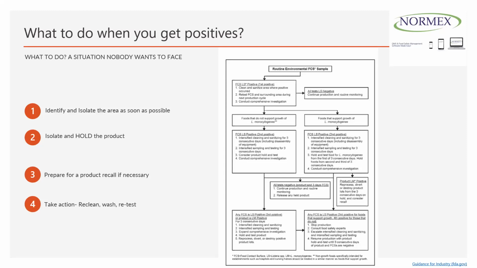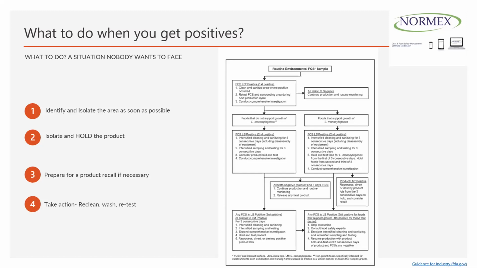So this particular template, I found this a really nice template to be used as a guidance for the food industry. This is from FDA's website. They have very nicely written down what to do when you have your first positive, what to do when you re-clean, retest, and you get your second positive. They have very nicely explained how to clean and sanitize the area where the positive occurs, and then conduct a comprehensive investigation.